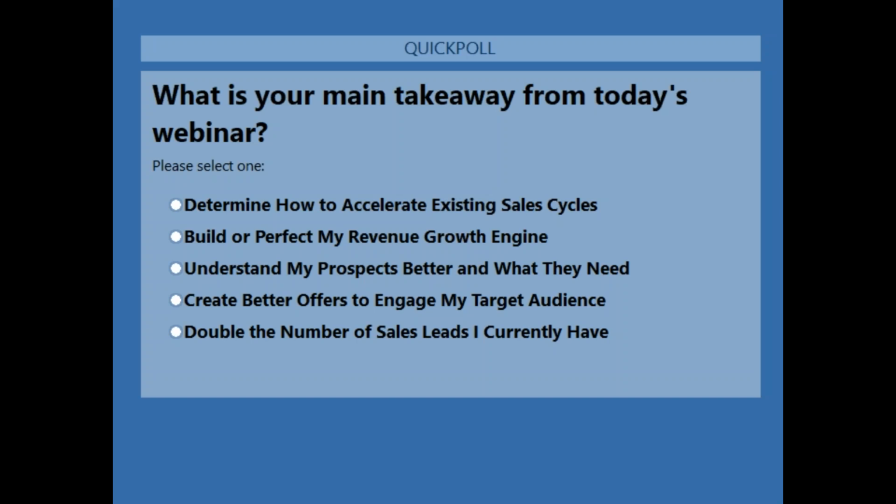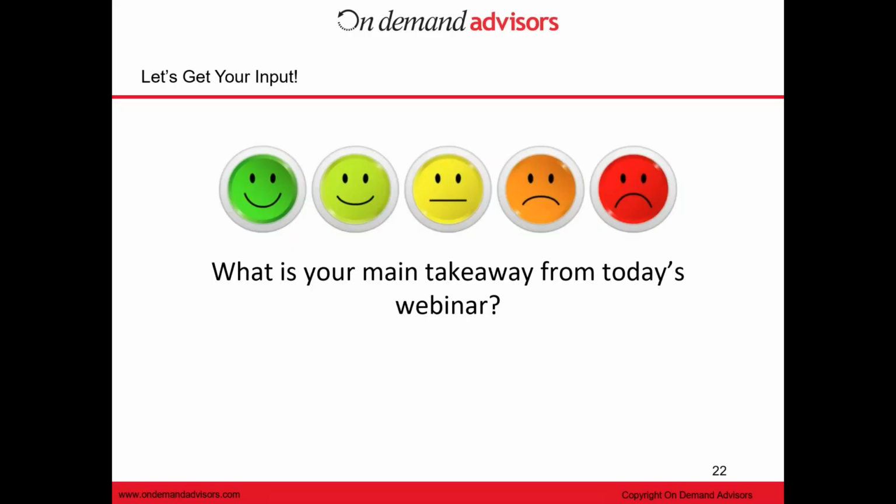So that's the type of growth that's possible. It's possible for your company. It's possible for you. And so thank you for participating in our poll. Let's go ahead and have another second or two, get your input, and then let's go ahead and present the information back to you.